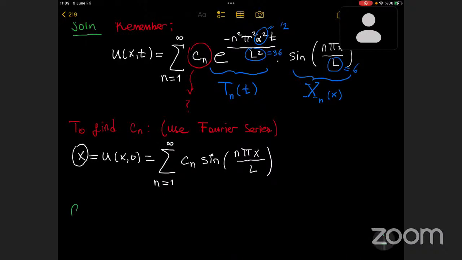So Cn here is given by 2 over L integral, if I say this is f of x, right? 0 to L f of x times sine n pi x over L dx.